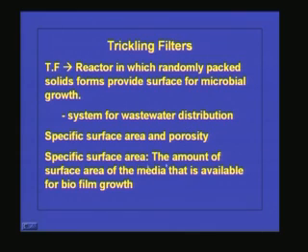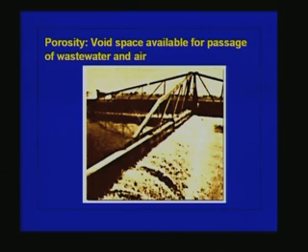Specific surface area is the amount of surface area of the media that is available for biofilm growth. Porosity is the void space available for passage of wastewater and air. So whenever we select a media for microbial growth, porosity as well as specific surface area are very important.